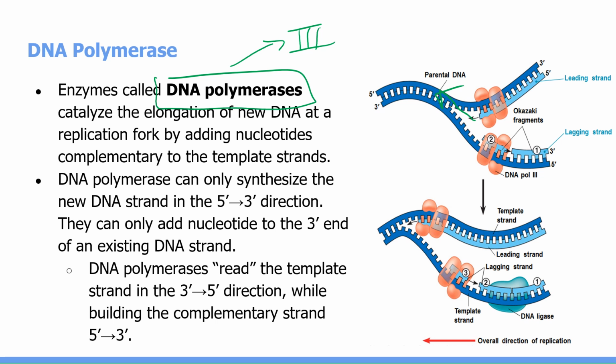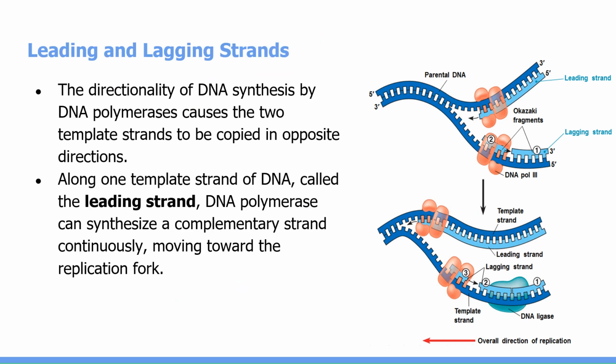DNA polymerase, once bound to the template strand, reads the template in the 3' to 5' direction and adds nucleotides to the 3' end of the primer and continues to add in that direction. So the new strand of DNA is being built in the 5' to 3' direction. The directionality of DNA synthesis causes the two template strands to be copied in opposite directions.